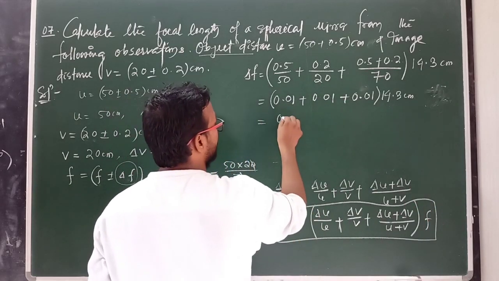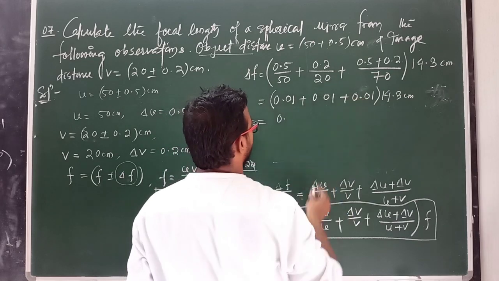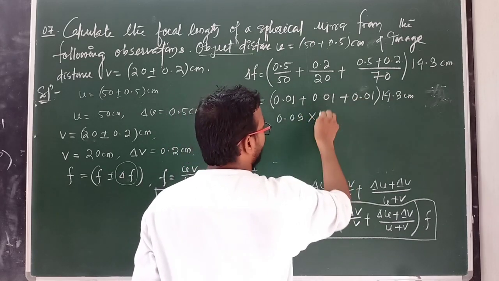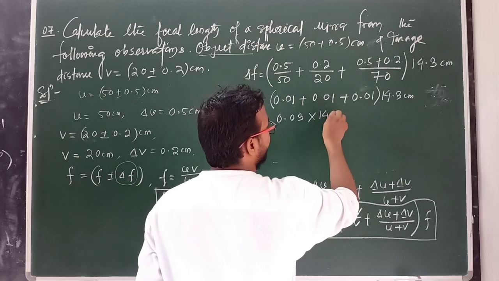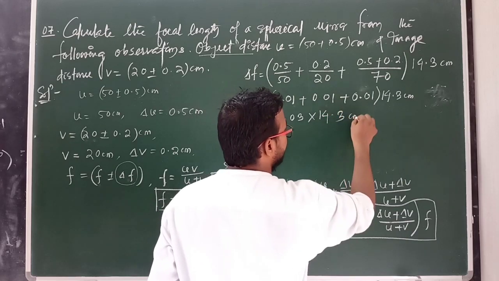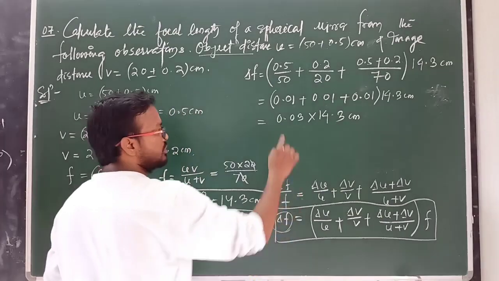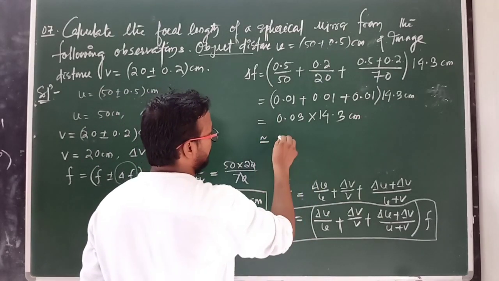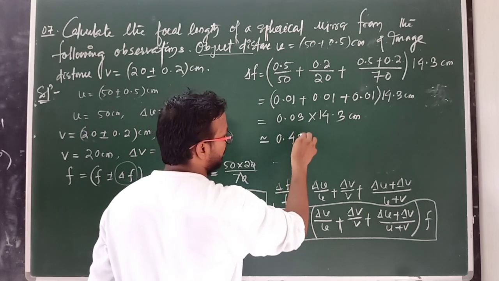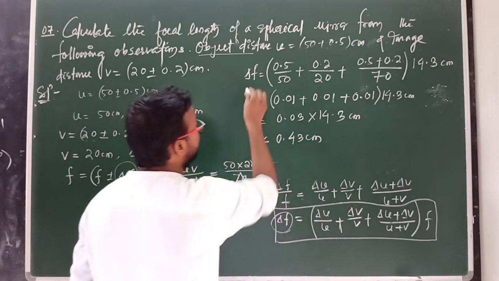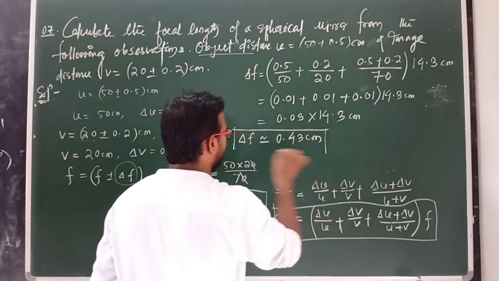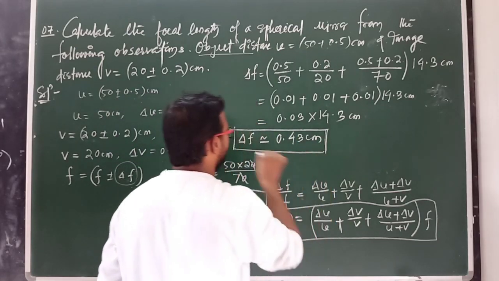So 0.01 is the same quantity, so we can write 0.03 into 14.3 centimeter. Clear? If you multiply this relation, you will get the approximate value, 0.43 centimeter. This is the maximum possible error in the calculation of focal length of the spherical mirror.